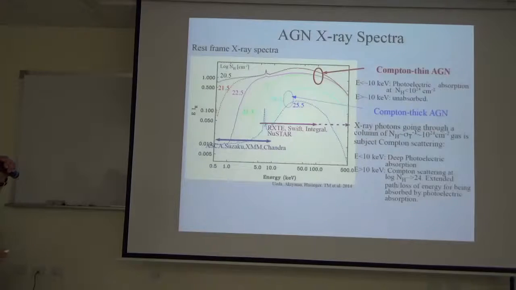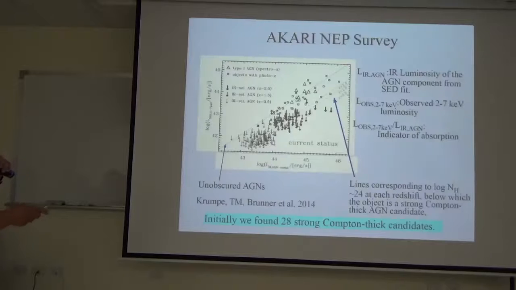This is the result of the SED fit, in which we derived the luminosity of the infrared AGN component on the x-axis. On the y-axis is the X-ray luminosity.